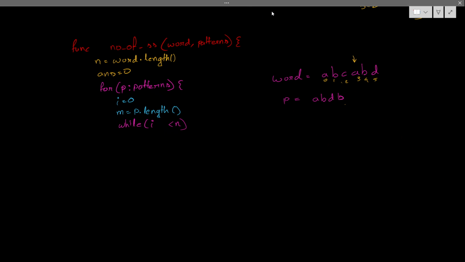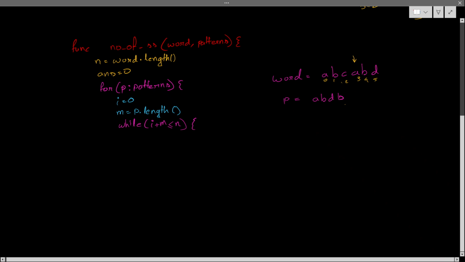That's why I write i plus m less than or equal to n. Otherwise, i plus m can be out of bound, an out of index error. To overcome this, we check i plus m is less than or equal to n.